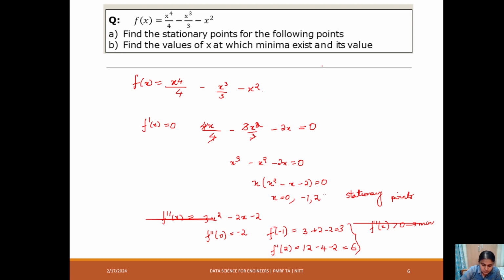So first we have to check f of 1. Okay, so f of 1 will be giving 1 by 4 minus 1 by 3 minus 1. So this value comes around, I think, minus 2.667.